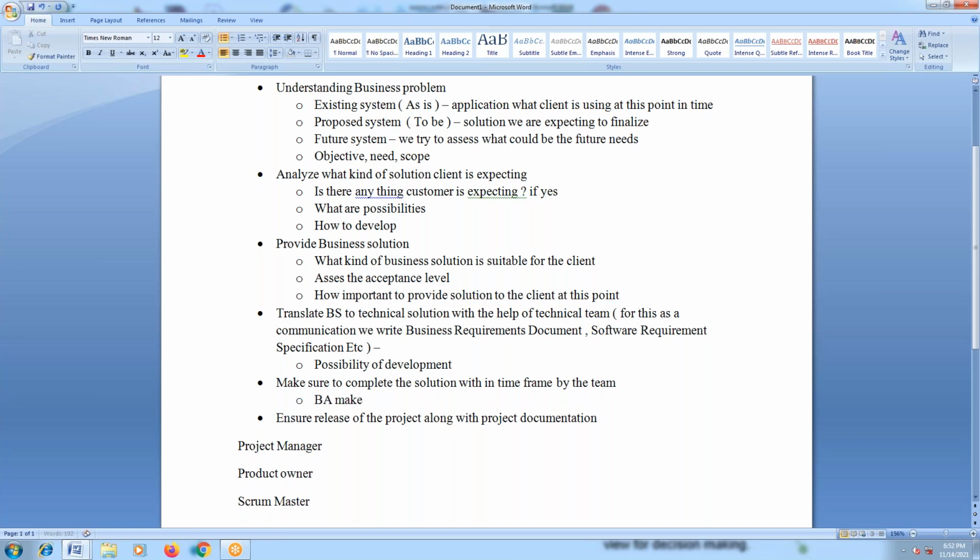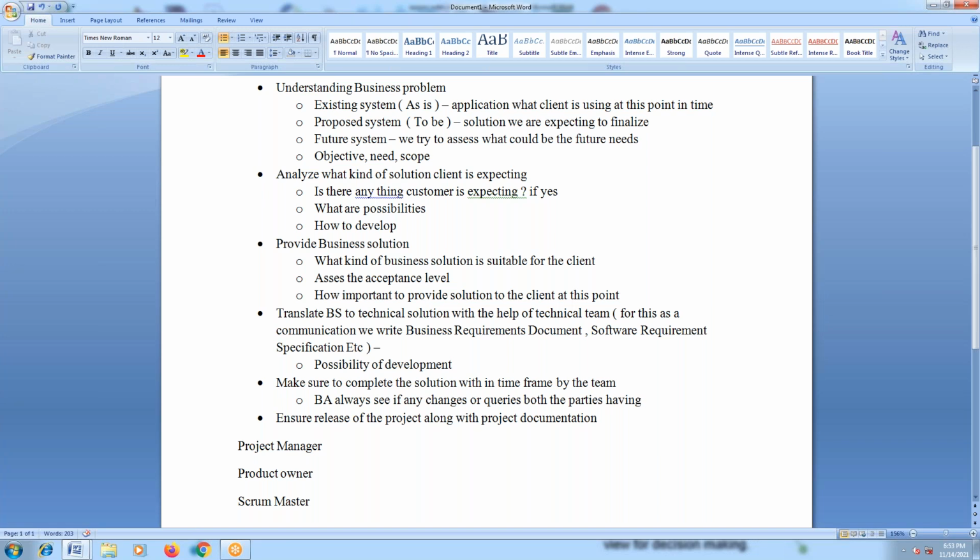The business analyst always has to see if there are any changes or queries from both the parties, right? You have to see from the business angle and from the technical angle.